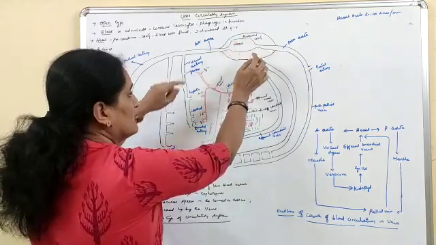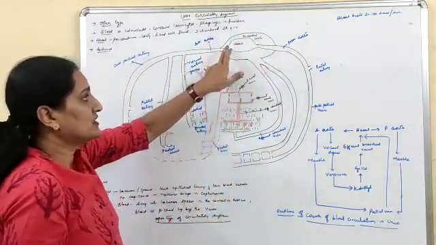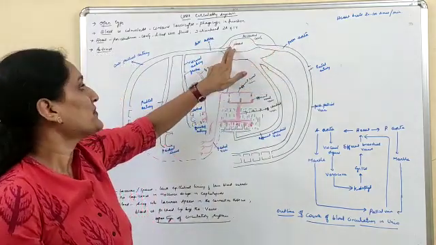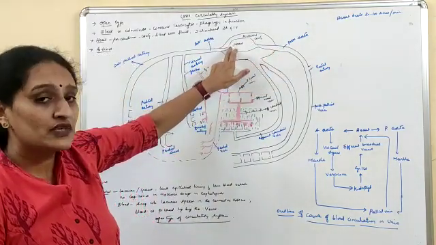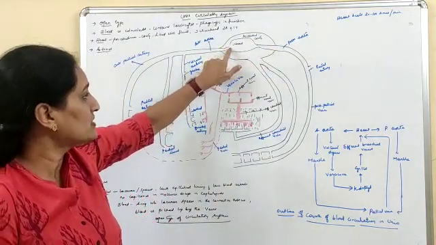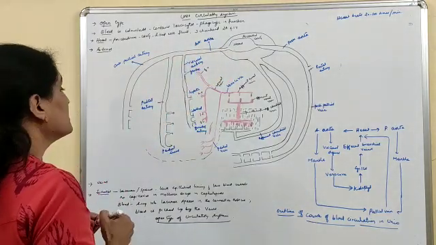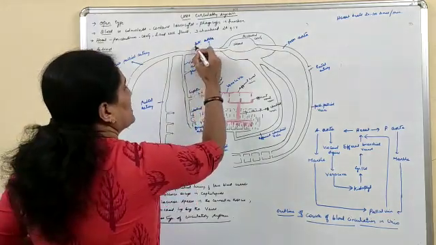From the anterior end of the ventricle, it gives out a main branch called the anterior aorta.